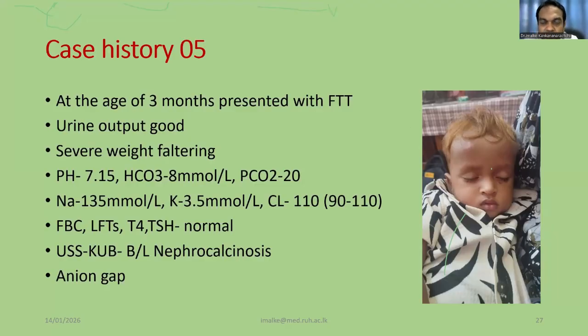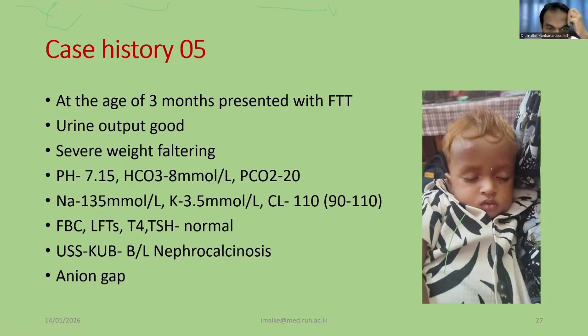Now the last case, this baby is now I think around 1.5 years. This baby at the age of 3 months presented with failure to thrive, and mother was happy about the urine output, and there's significant weight faltering. You can see there's significant acidosis, and chloride level, you can see chloride is 110. The moment you see someone with acidosis with high chloride, then think of normal anion gap.